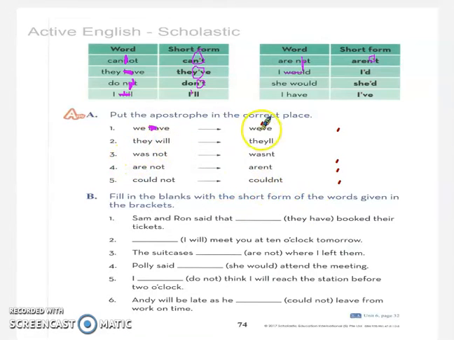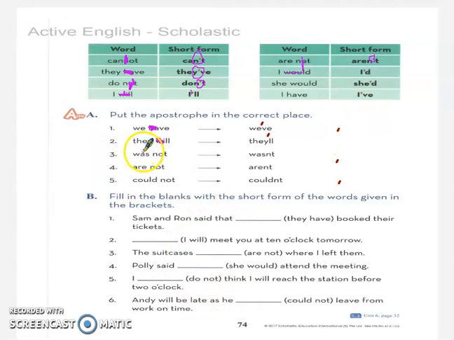They will, they'll. Okay, where is the apostrophe? Excellent. We put the apostrophe here because the missing letters are two letters.